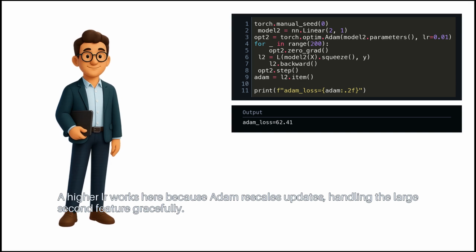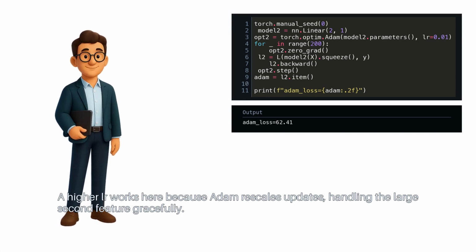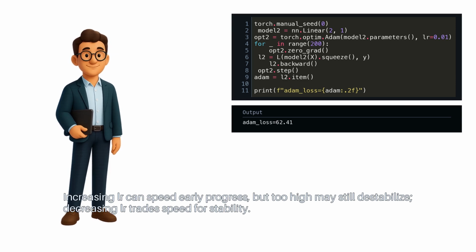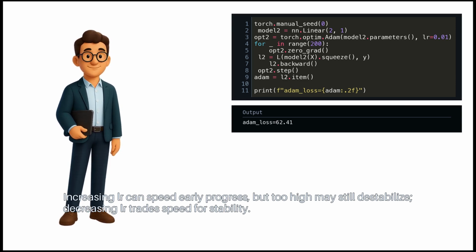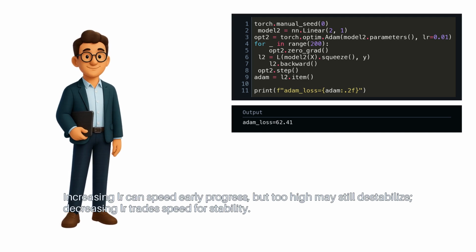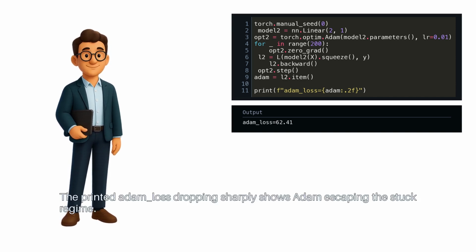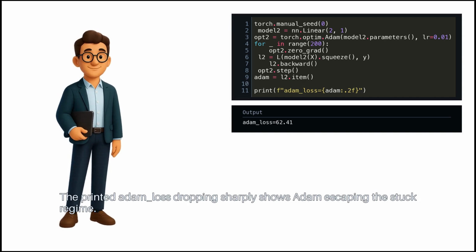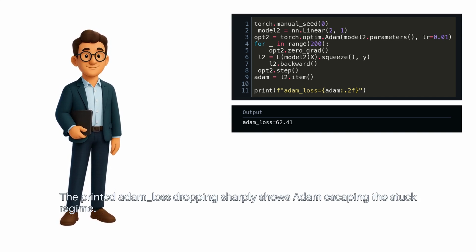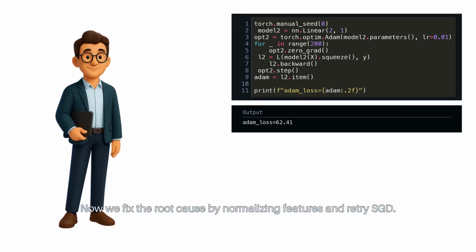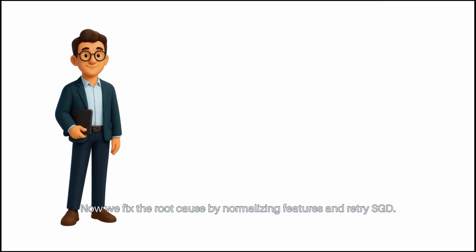A higher LR works here because Adam rescales updates, handling the large second feature gracefully. Increasing LR can speed early progress, but too high may still destabilize. Decreasing LR trades speed for stability. The printed Adam loss dropping sharply shows Adam escaping the stuck regime. Now we fix the root cause by normalizing features and retry SGD.